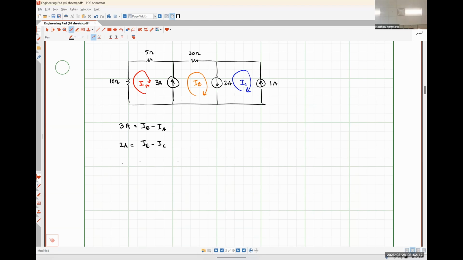So what would that look like? 1 amp is equal to negative IC. Can I write the KVL equation for this system? Not at all, but I don't need to. I have 3 unknowns and 3 equations, right?